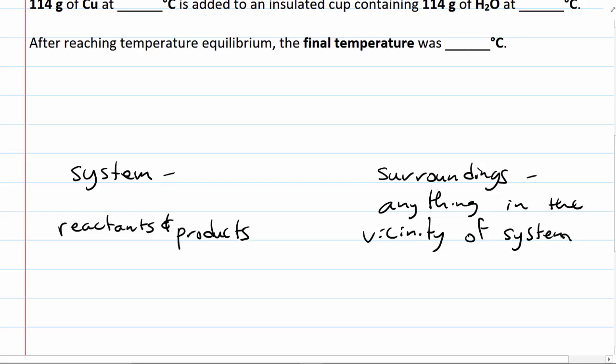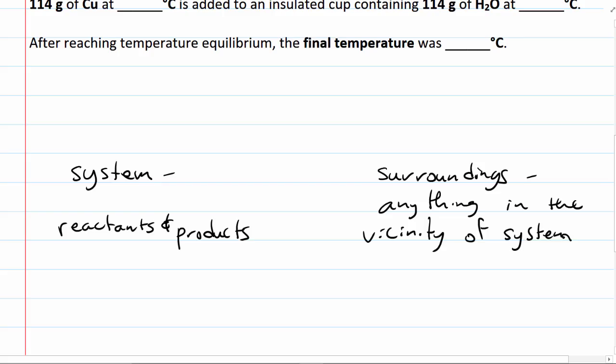Now, where this is going to prove challenging for some of you is this. Whatever you and I observe, and you and I are part of the surroundings, whatever happens to the surroundings is going to be exactly the opposite of what happens to the system. So if energy is removed from the surroundings, that means the energy has gone where? Into the system.